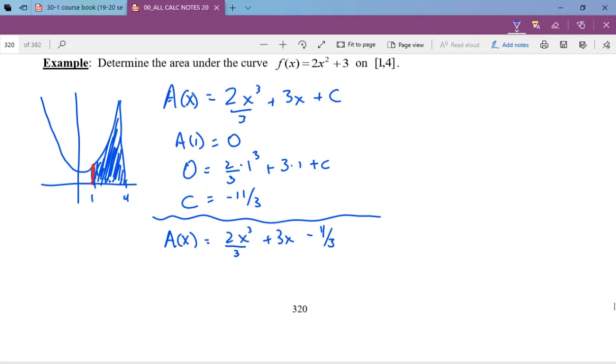And we're interested in finding A at 4. The area to the left at 4, so bounded from 1 to 4, ends up being 2/3 times 4 cubed plus 3 times 4 minus 11/3.